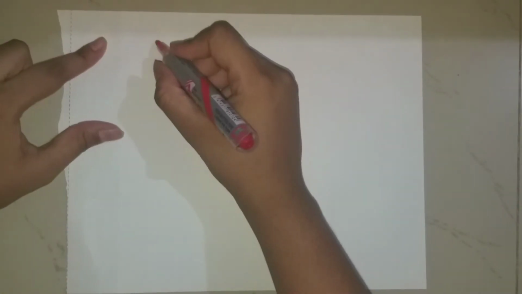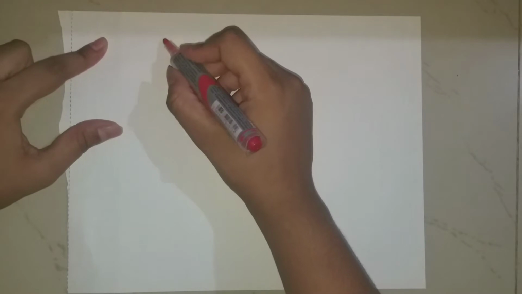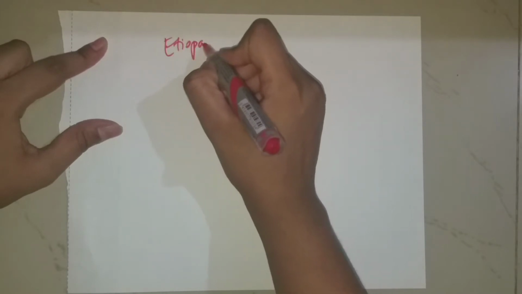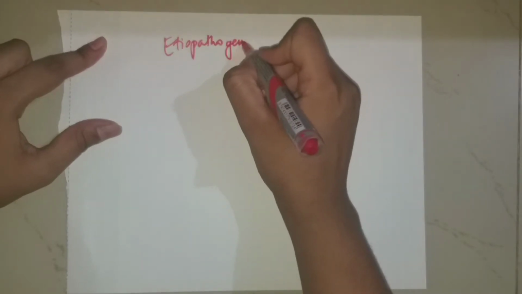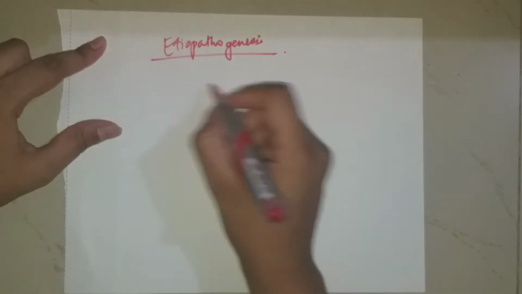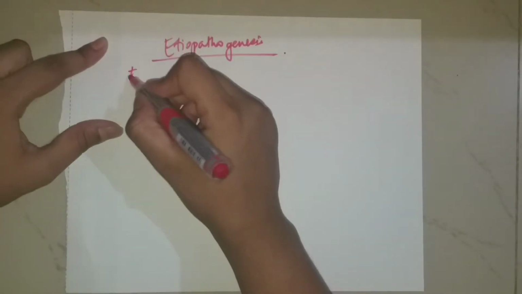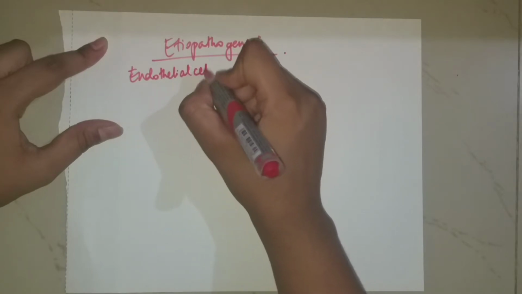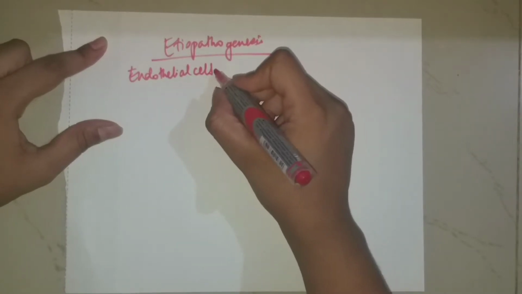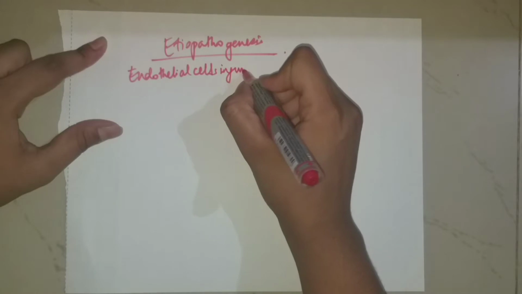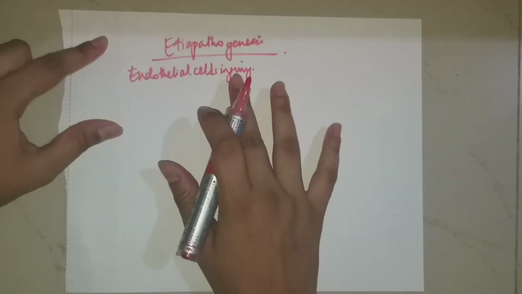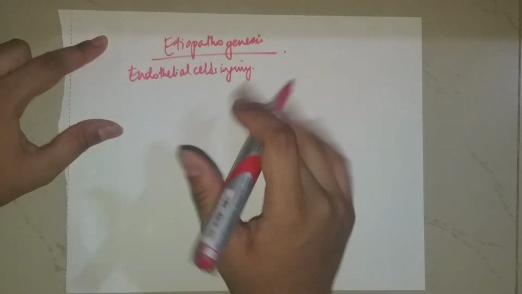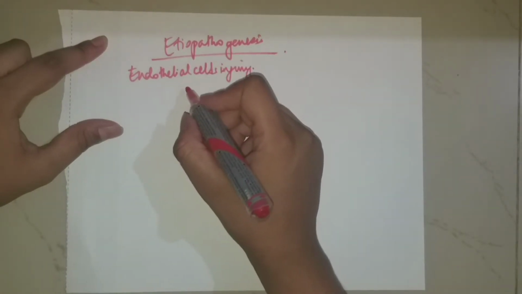So, what is the basic pathogenesis behind HUS? So first there is endothelial injury, mainly in the small vessels of the kidney, like I told you. What causes this injury? It depends on the type of HUS, which I'll talk about later.